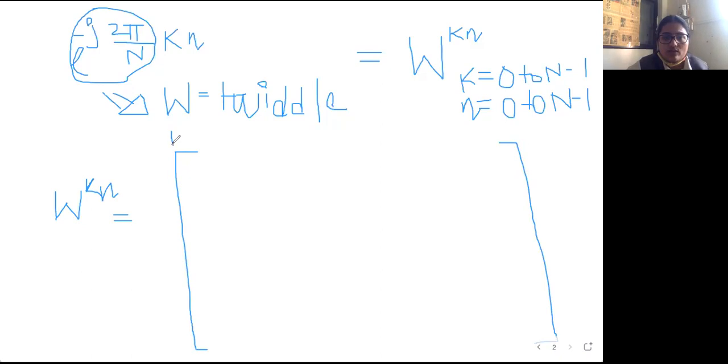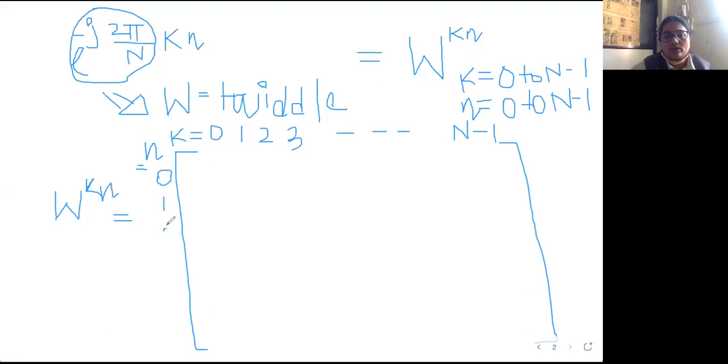Let us say variable k varies from 0 to n minus 1, so I write 0, 1, 2, 3, and k varies from 0 to n minus 1. Similarly, the second variable is n, which is also changing from 0 to n minus 1.